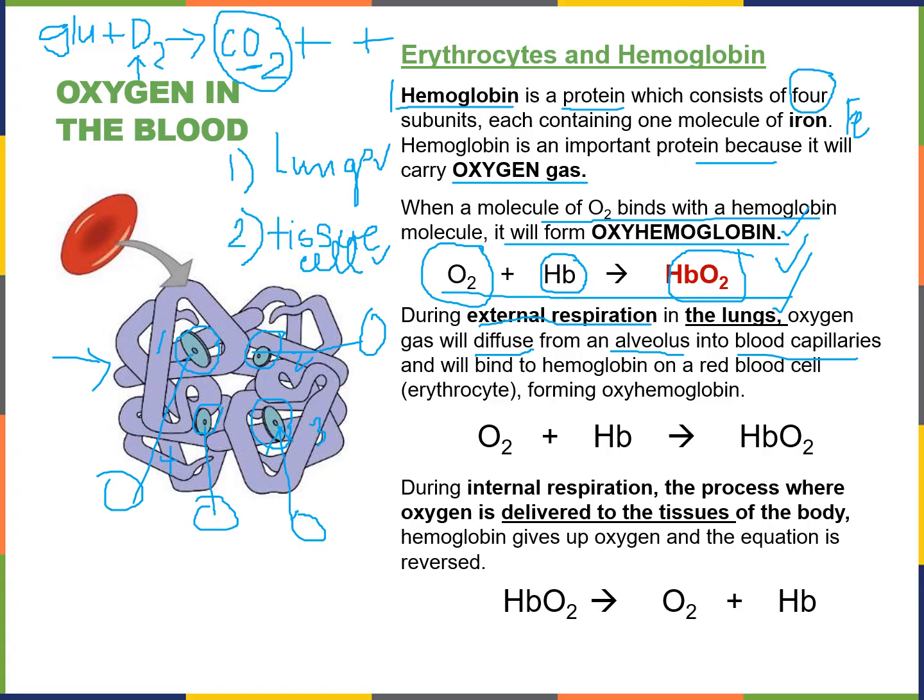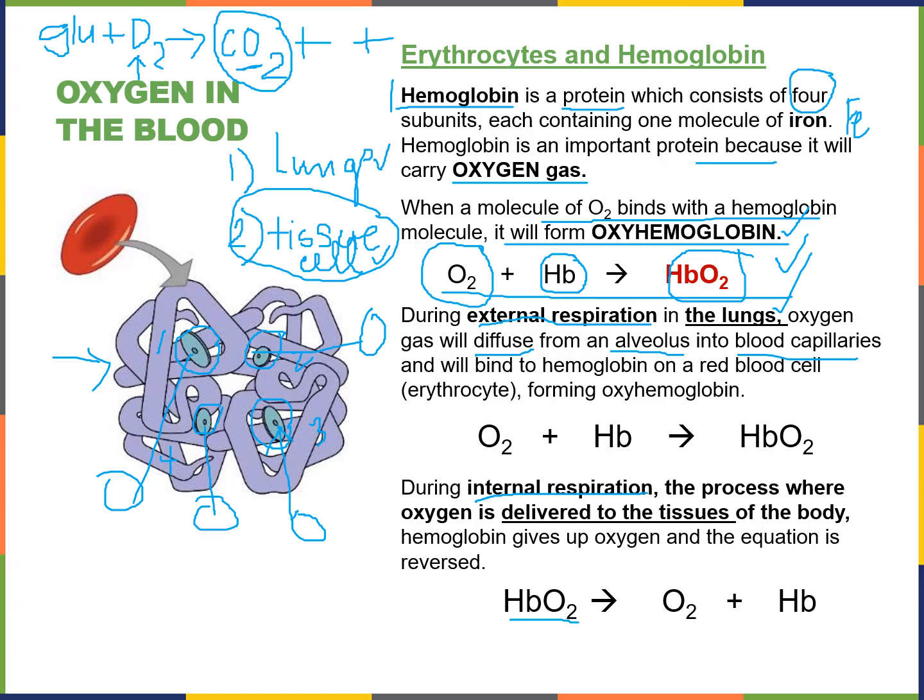Now, what happens when the oxygenated blood gets to the tissue cell? Well, in the tissue cell, that is internal respiration, and so a dissociation occurs.